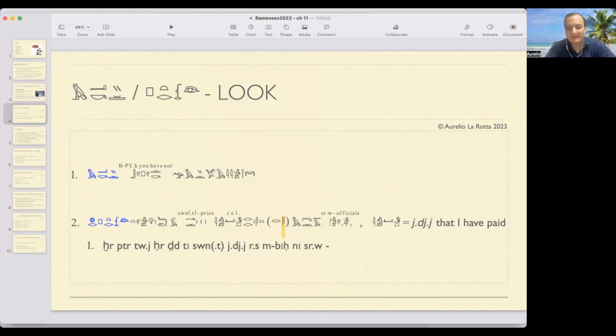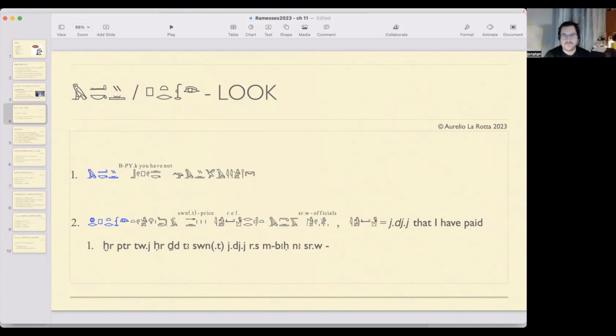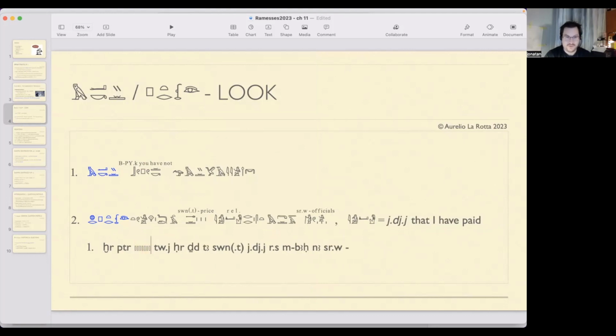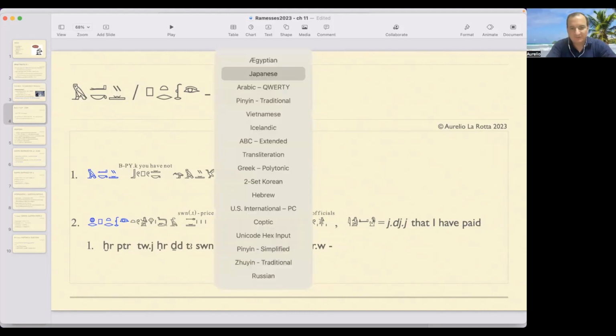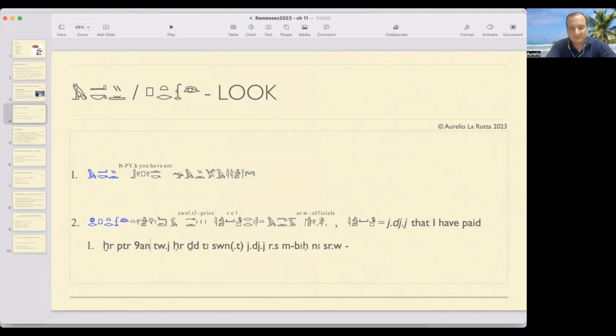There you go. Okay. So see and see me upon saying the price that I have paid towards it in the presence of the officials. I think that's pretty much correct. Let me put it in. So, and look, comma, what did you say?